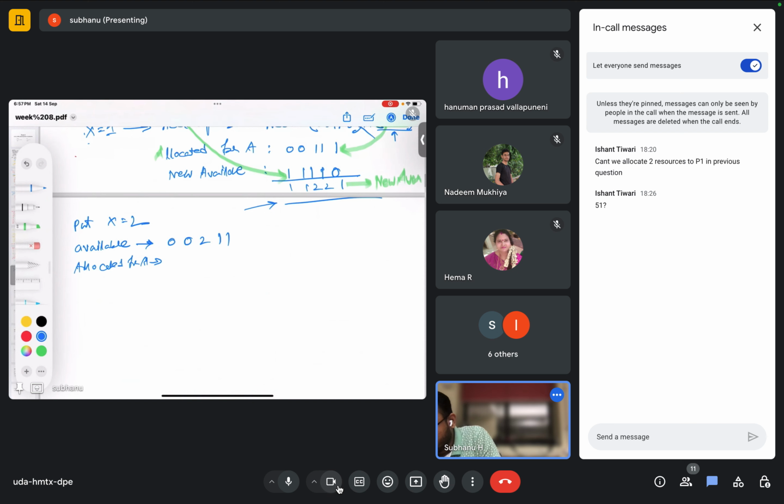So we find a safe sequence: D, C, B, A. First you run D, then C, then B, then A, with x is equal to 2. Got it? So this is the scenario.